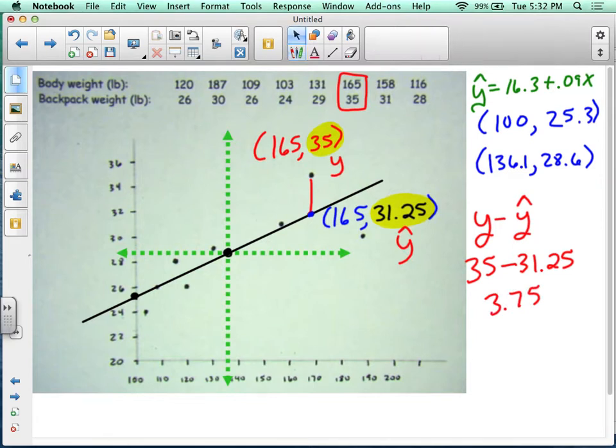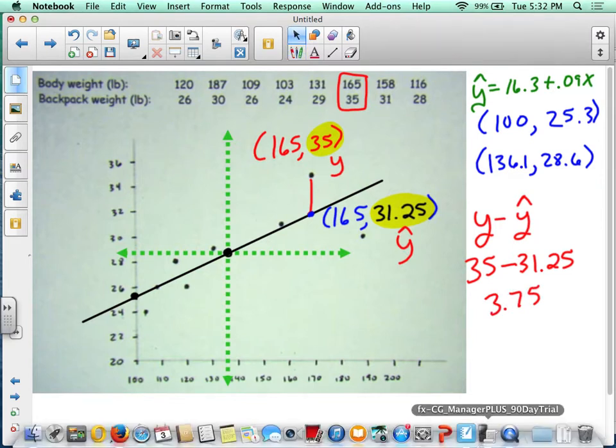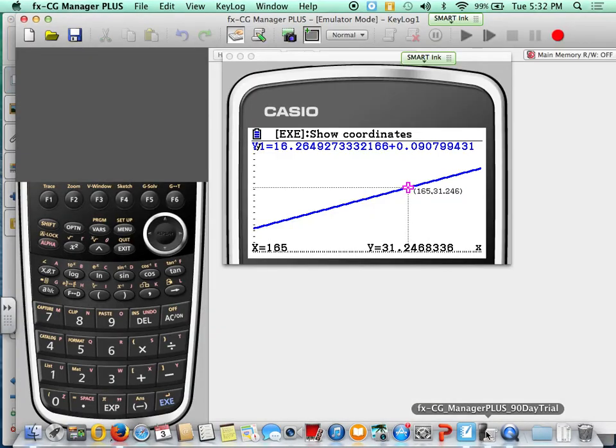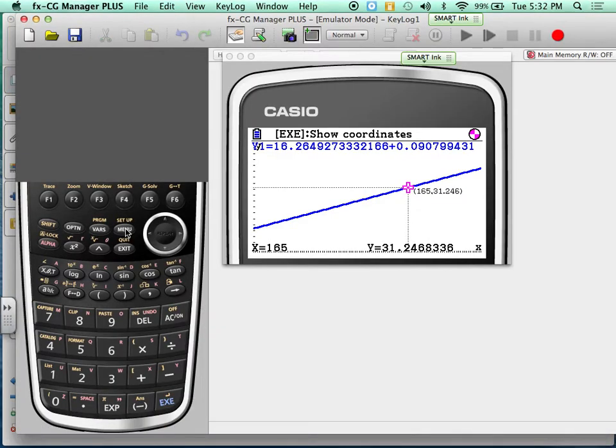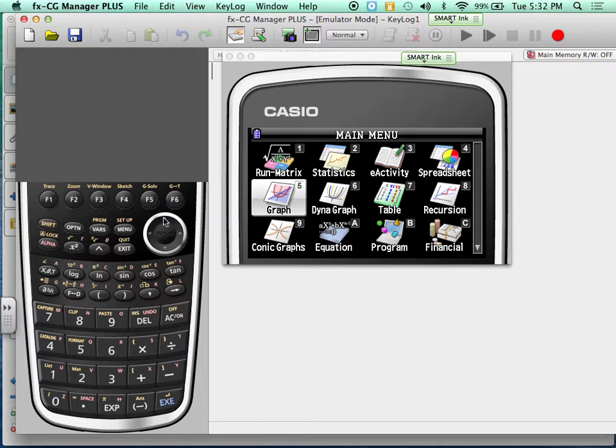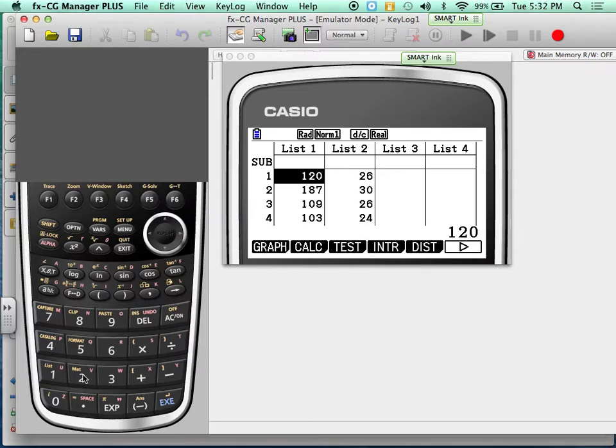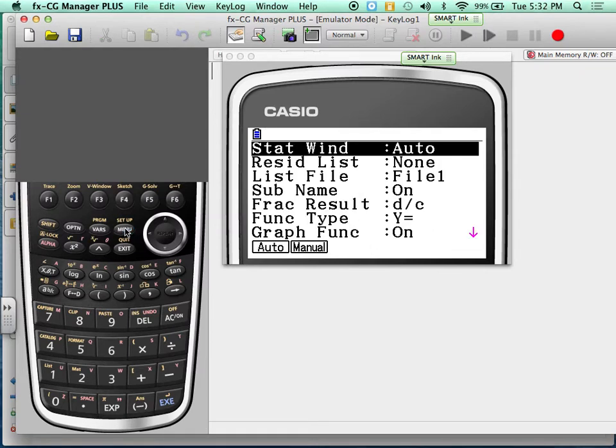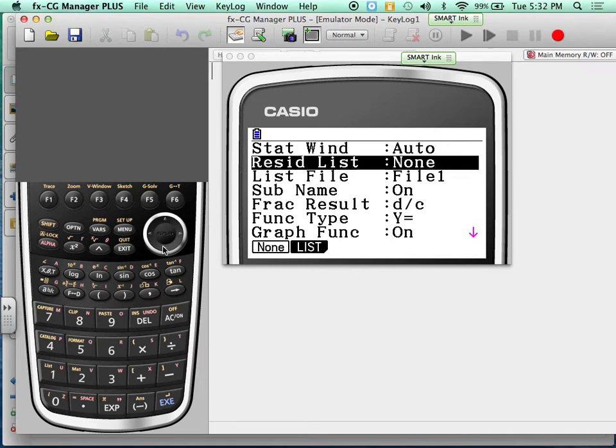In order to find the residual using the calculator, go back to the calculator, go back to menu. I'm going to go back to statistics, number 2. All right, from this section right here, you have to hit Shift, Menu. This is actually the setup for your statistics.